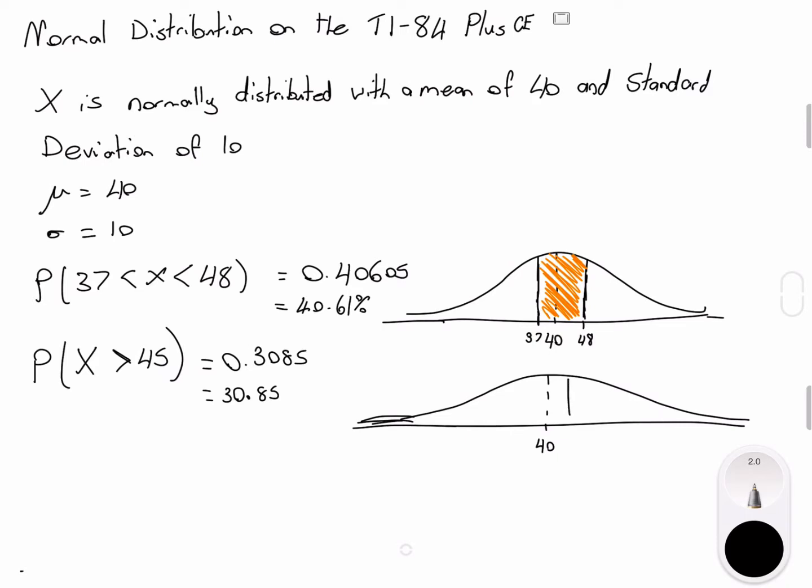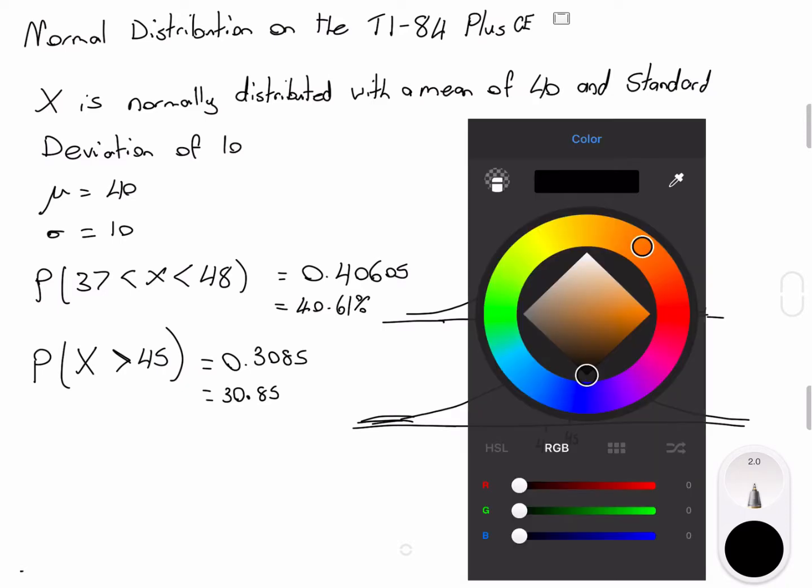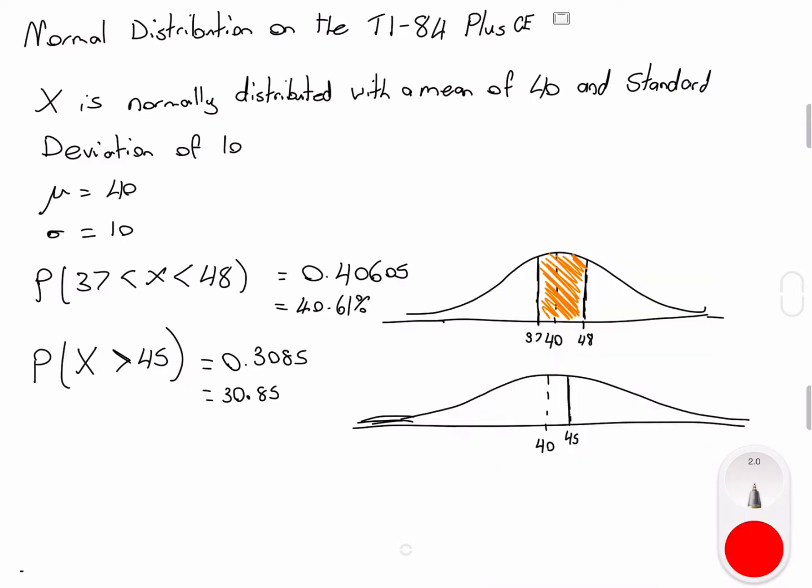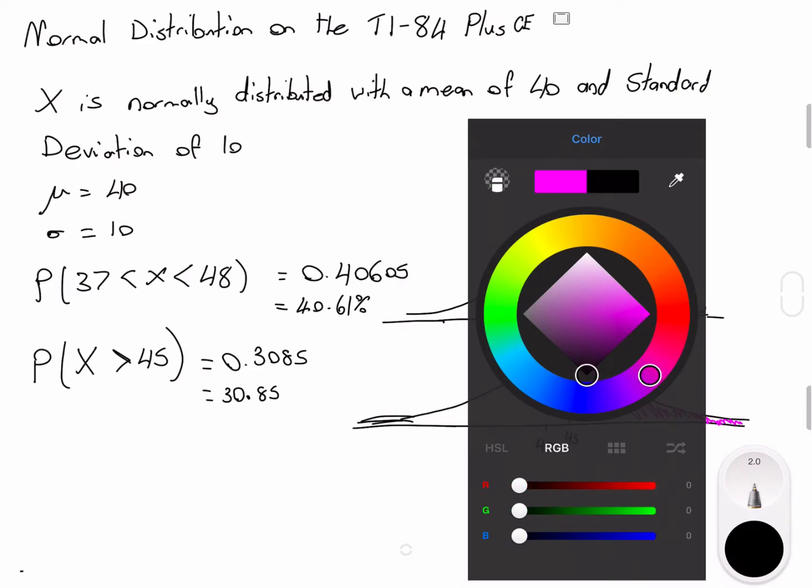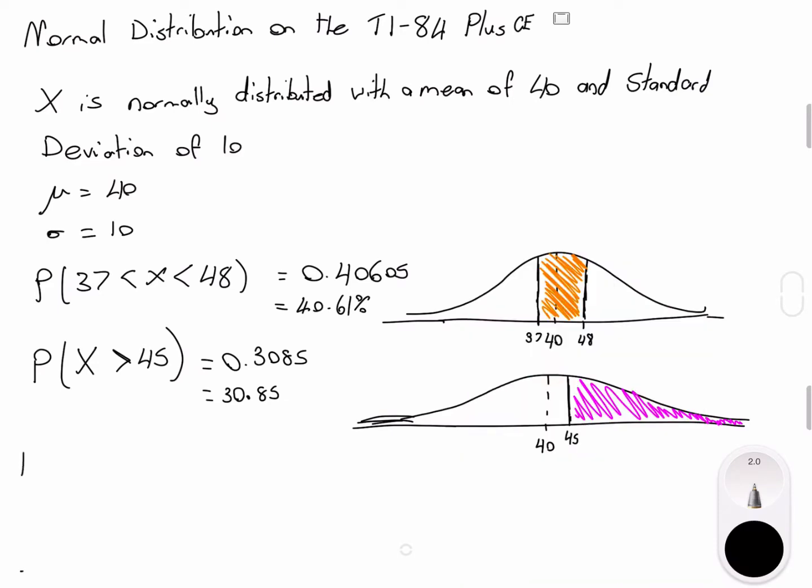So let's make this part here 45, and let's pick a different colour. Let's go purple, and because it's greater than 45, we're going to shade in this area here.